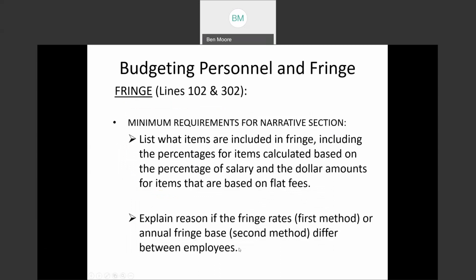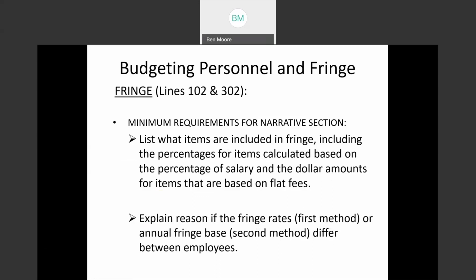The minimum requirements for the narrative section are that you need to list what items are included in the fringe, including the percentages for each item calculated based on the percentage of salary and the dollar amounts for each item that are based on flat fees. One note is that you should explain the reason if the fringe rates for the first method or the annual fringe base and the second method differ between employees.